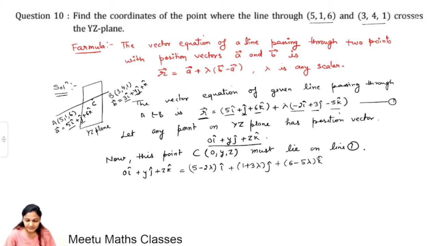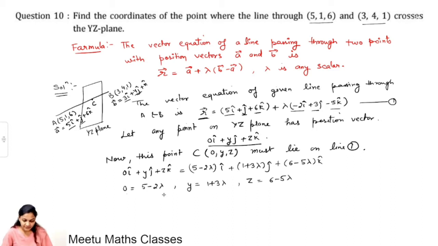Okay, now two vectors are equal when their corresponding components are equal. So 0 is equal to 5 minus 2 lambda, y is equal to 1 plus 3 lambda, and z is equal to 6 minus 5 lambda.